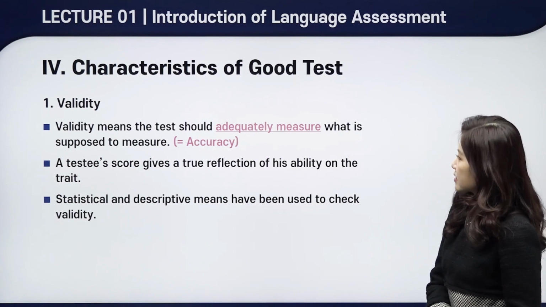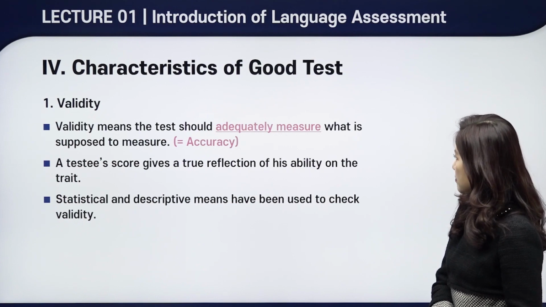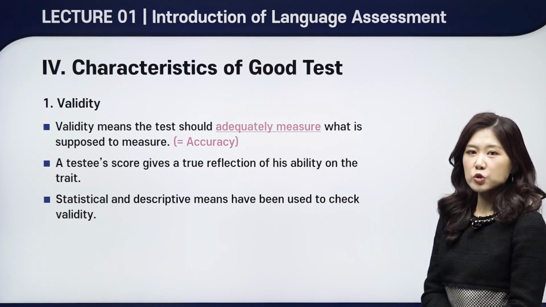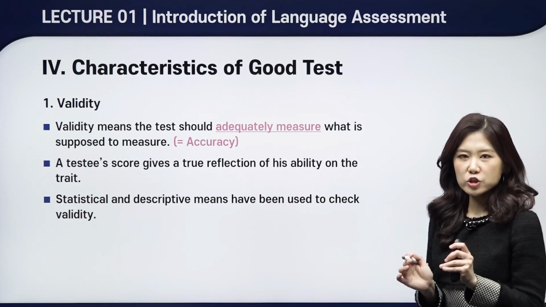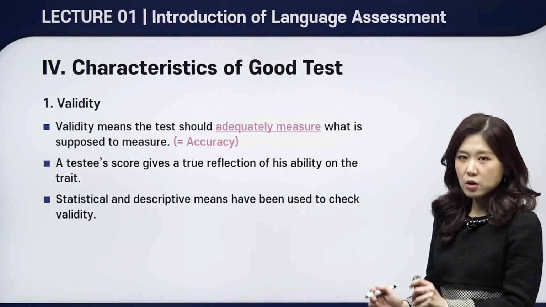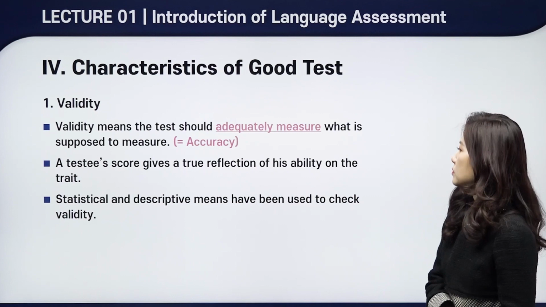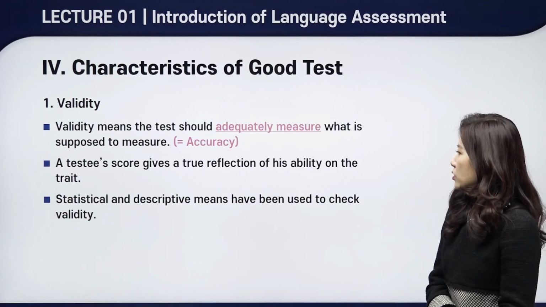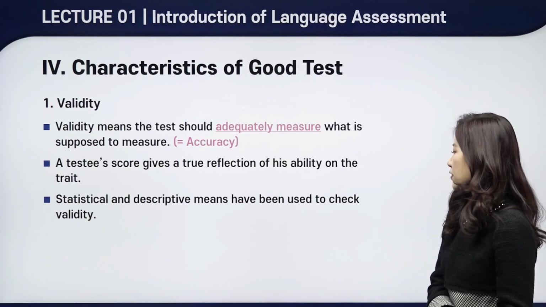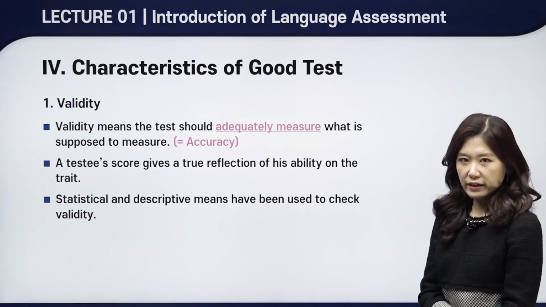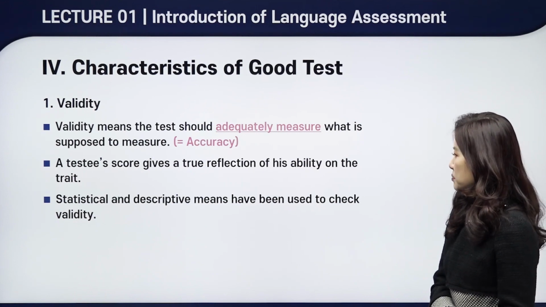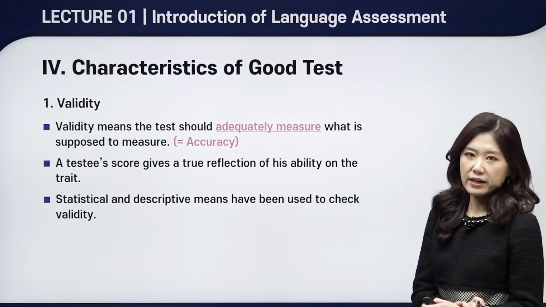So validity means that the test should adequately measure what it's supposed to measure. In other words, it has to be accurate. It has to be able to accurately measure what it's supposed to measure. A testee's or test taker's score gives a true reflection of his or her ability on the trait. And statistical and descriptive means have been used to check validity.